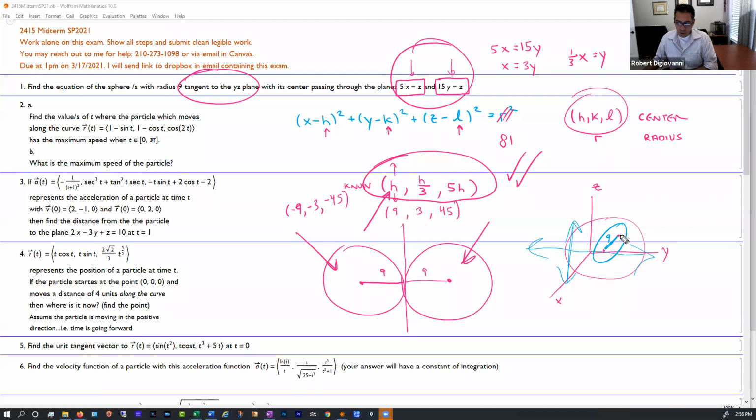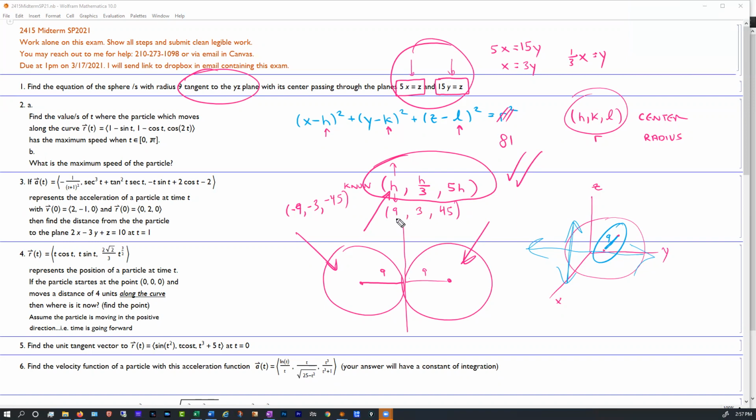So if I'm being forced to have my X come off +9, that forces my Y to be 3, and it forces my Z to be 45 in order to go through those two planes. I can't move this over to the left into the negative Ys, because what happens if I make this Y coordinate negative? Well, then the X coordinate has to be negative too, right? Yeah. But that's this case.